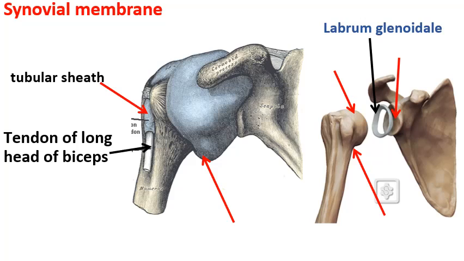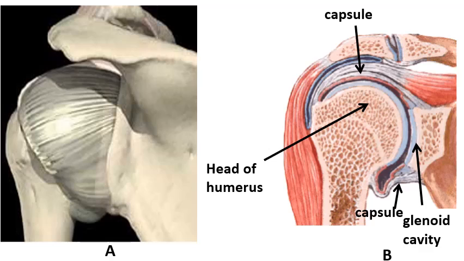So from this picture, we concluded that the synovial membrane lines the inner aspect of the fibrous capsule. It covers the labrum glenoidale from both sides. It covers the medial aspect of the surgical neck. We will see more details in the following picture.